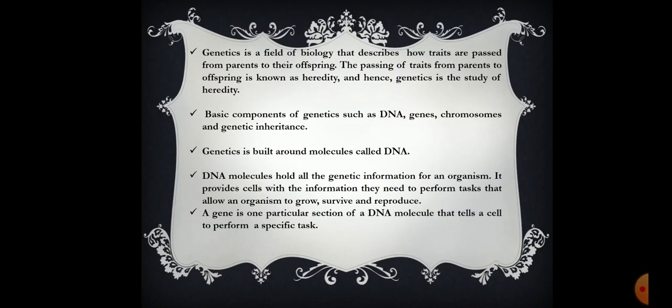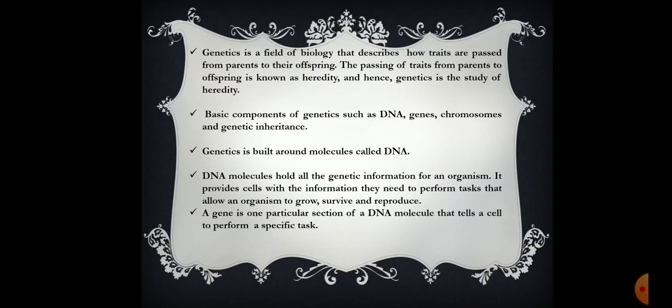Now what are the basic components of this heredity? It mainly involves the DNA, the genes, chromosomes, and the way in which it gets transferred is what we call genetic inheritance. Now the basic molecule around which all this genetics is talked about is our DNA.